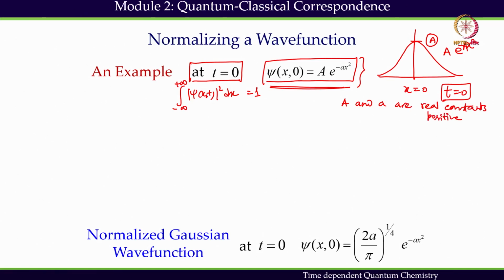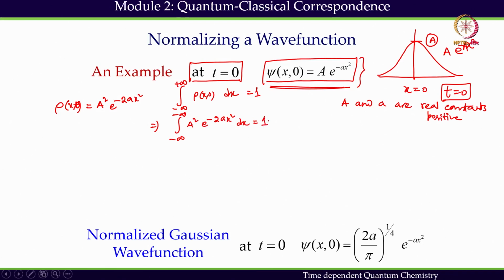So, the first thing we need to do is find the density distribution function at time equals 0, which is A square e to the power minus 2 a x square, and this is nothing but the density rho(x, 0). So, I have to integrate this equation: the integral of A square e to the power minus 2 a x square dx equals 1.